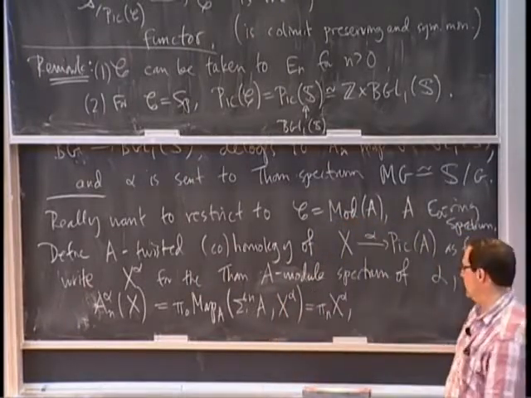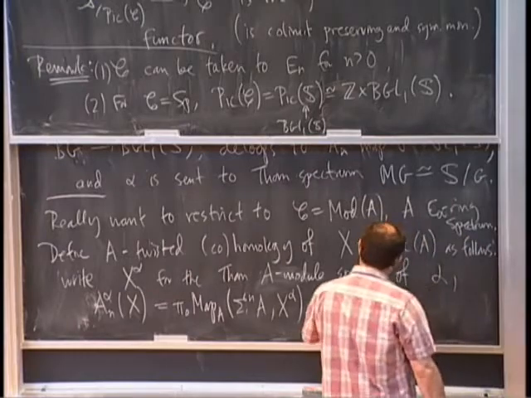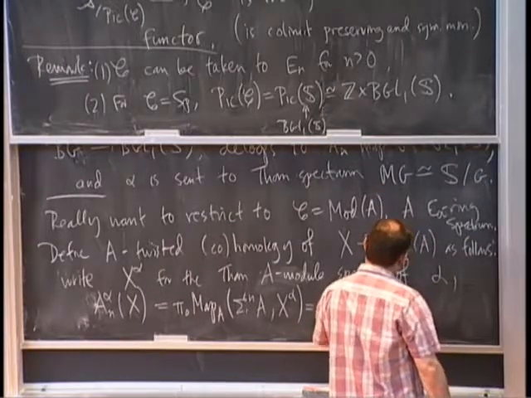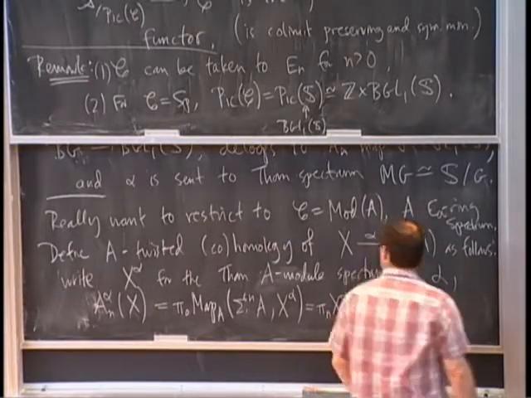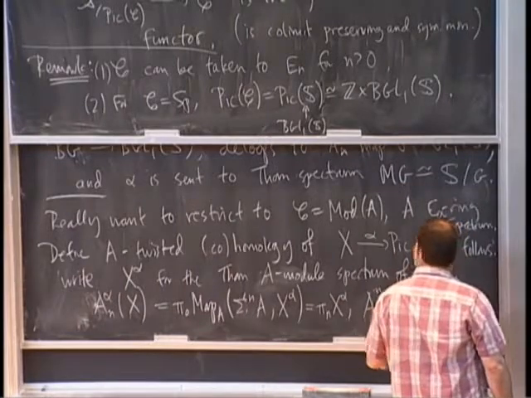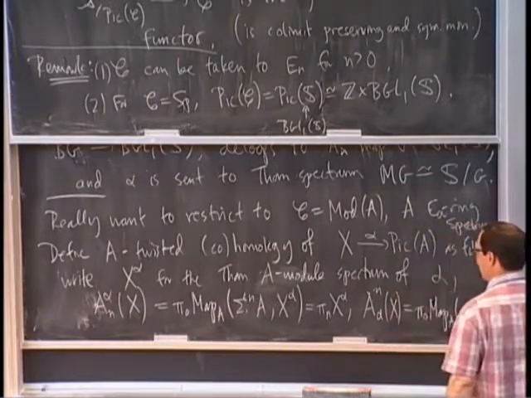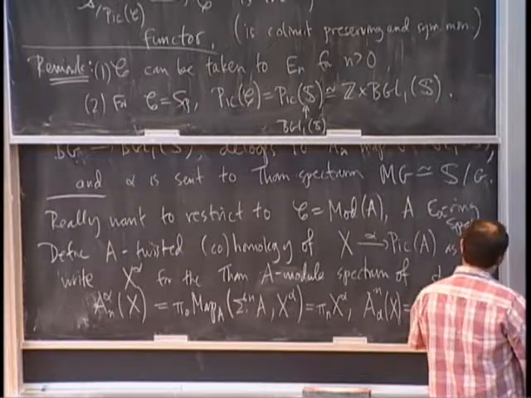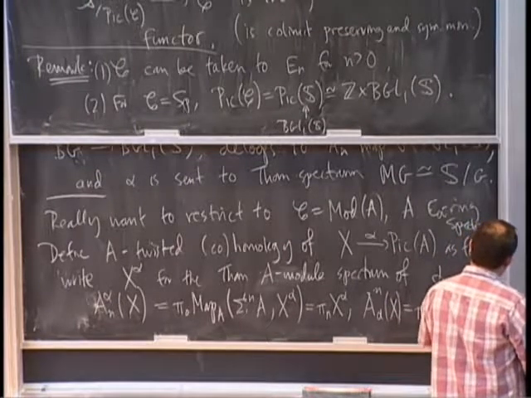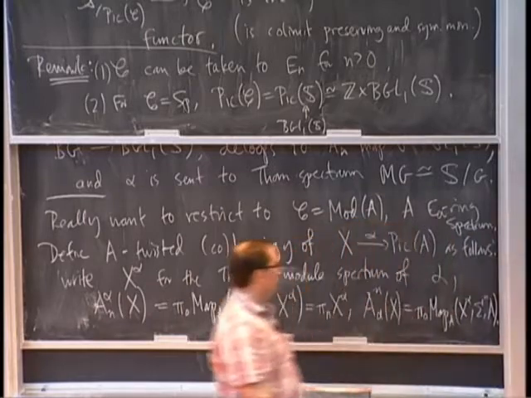That's the alpha twisted homology. And the alpha twisted cohomology is pi 0 of the dual construction. I take A module maps from X alpha into sigma n of A.